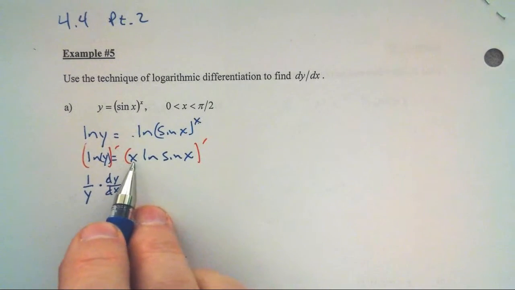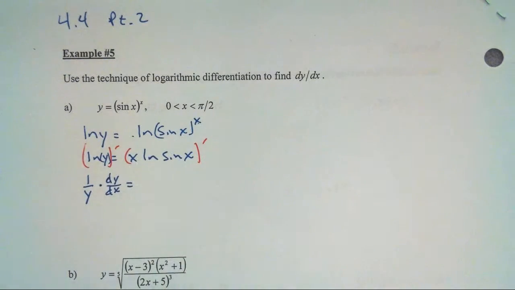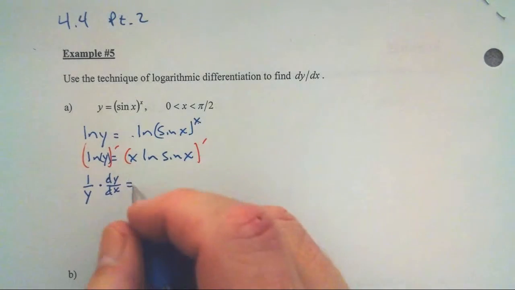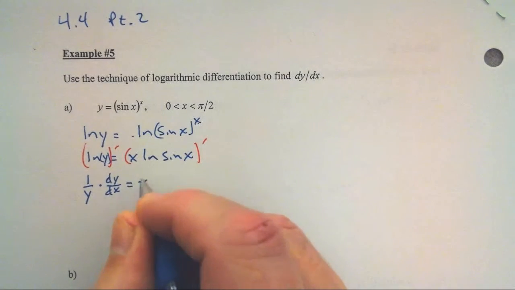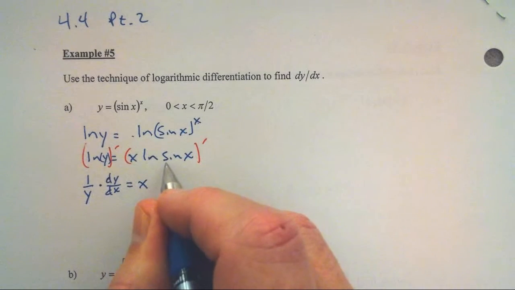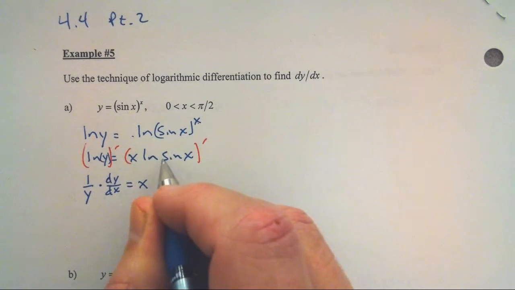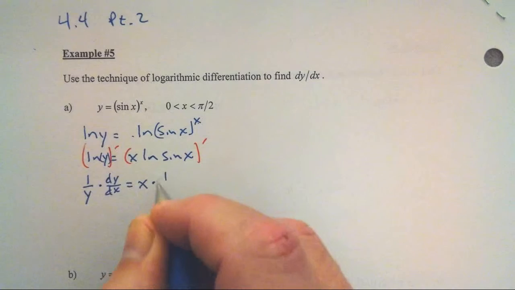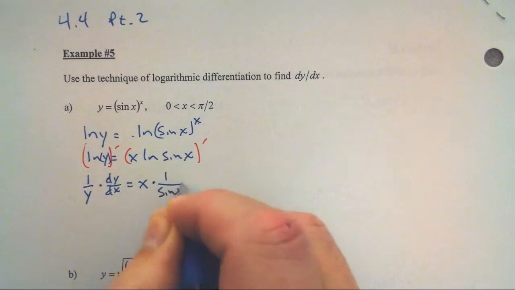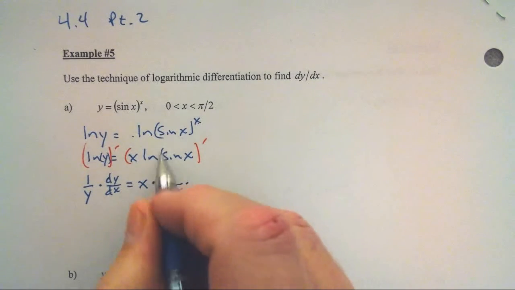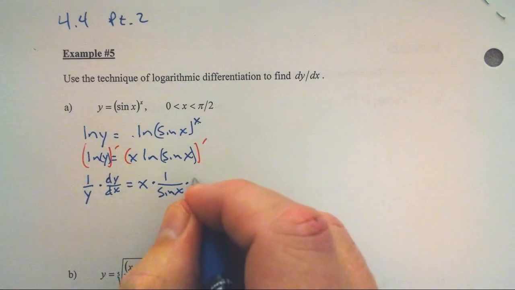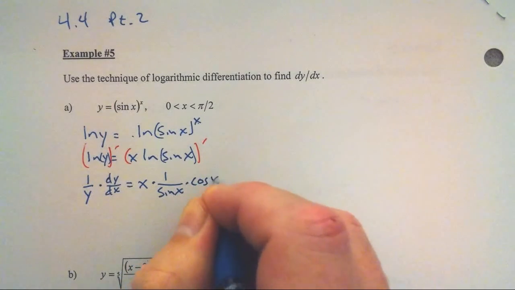And this logarithm is a product rule. I'm going to have to write fairly small here in anticipation of what's going to happen to us on this, but I want the first function times the derivative of the second, and the derivative of ln sine of x wants to be 1 on sine of x, but there's an inside function sine of x, so we're going to multiply that by its derivative cosine x.